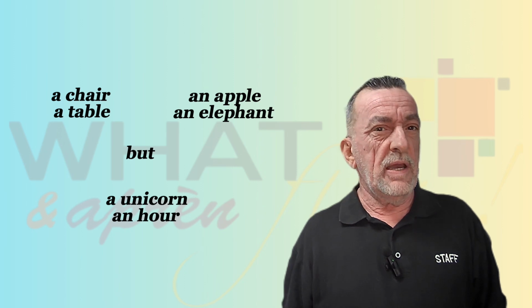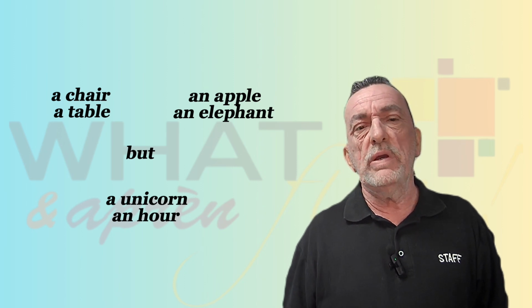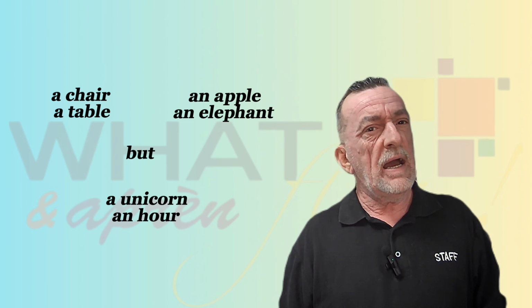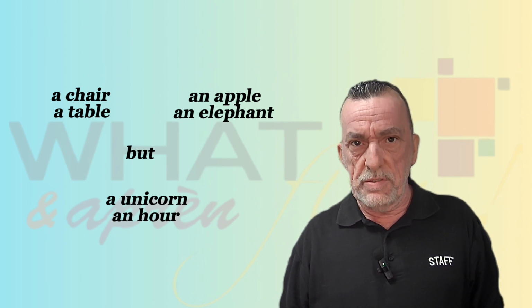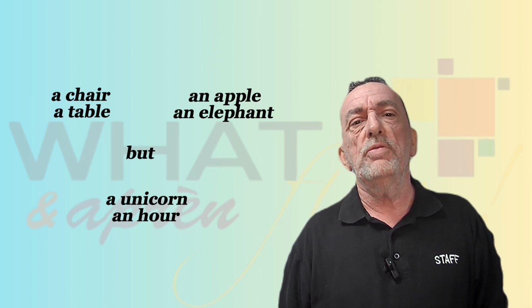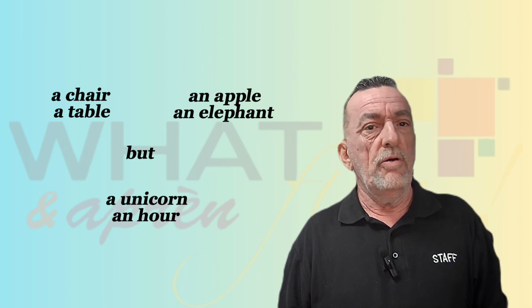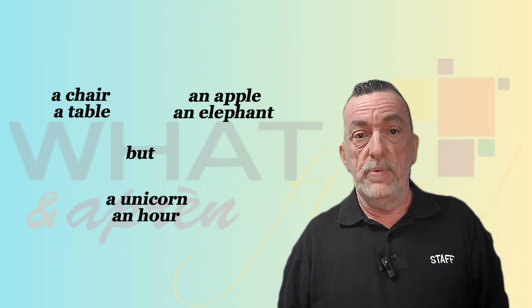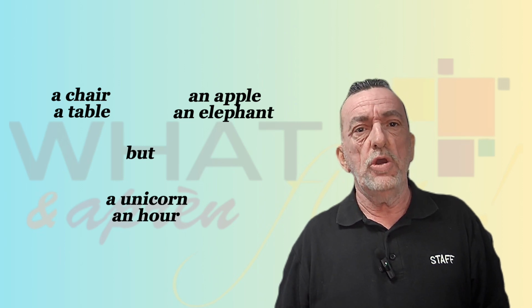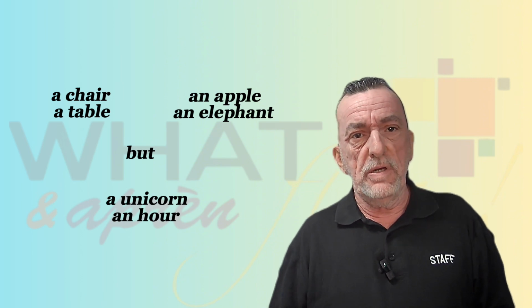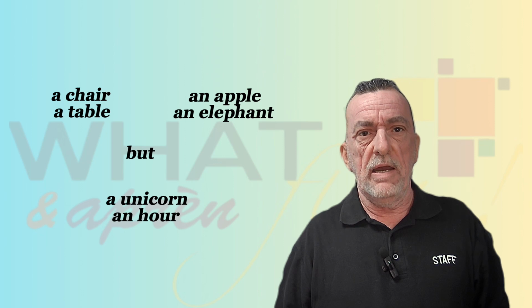However, we have to be careful because it's not only what the word begins with, but how it sounds. So if it sounds like a vowel, then we use an. For example, an elephant, but it's a unicorn, it's a university. So just be careful.